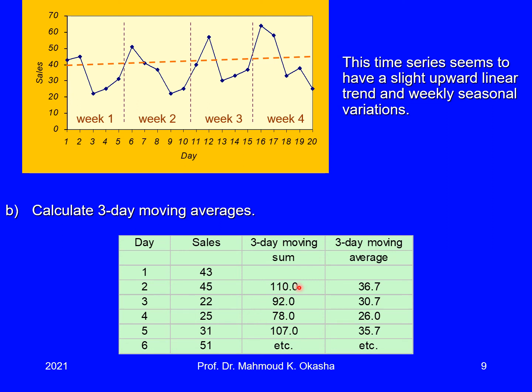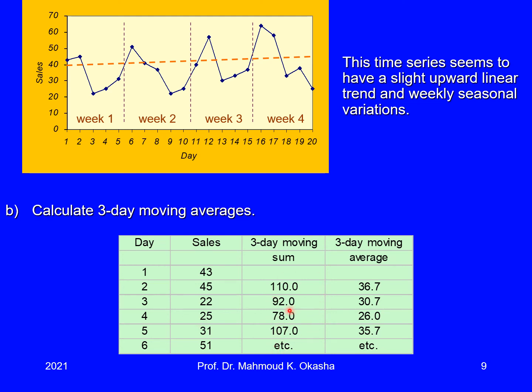We put the result, the sum itself, in the middle of them, so this sum of 3 goes at the middle one. And we put the sum in the middle, and so on.